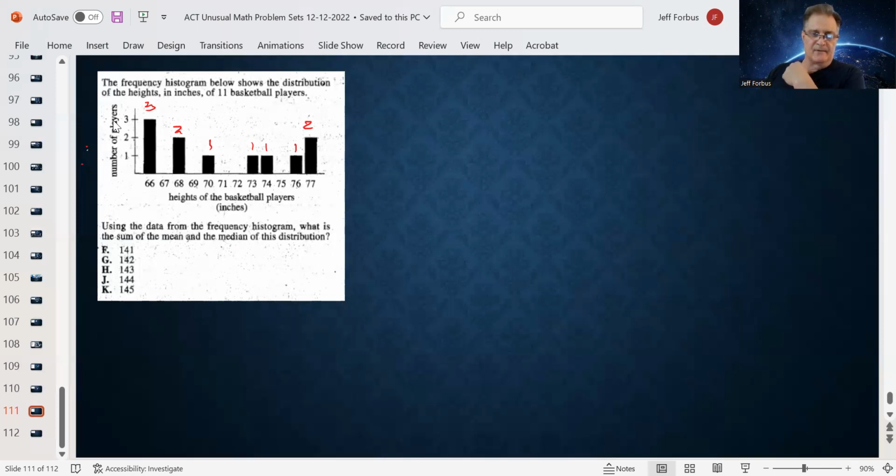Now, using the data from the frequency histogram, what is the sum of the mean and the median of this distribution? All right, so let me change my pen. We have to list all these heights in order.